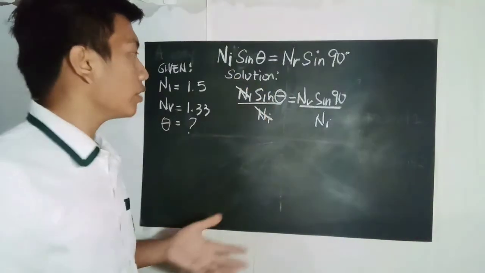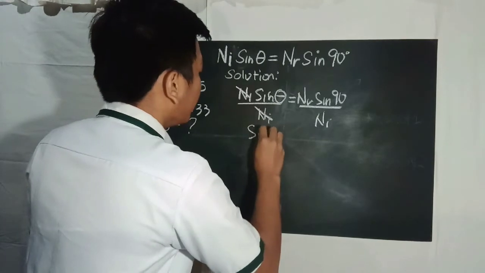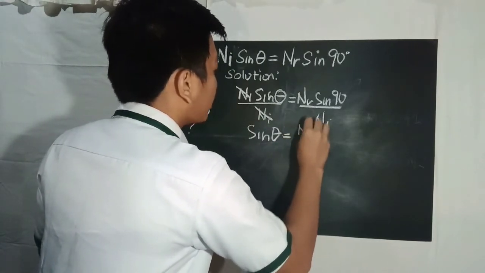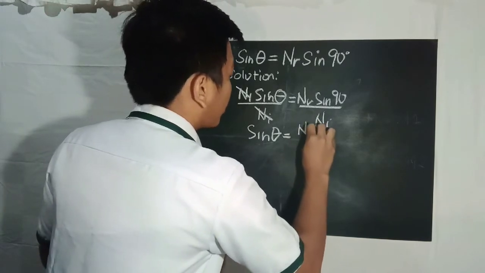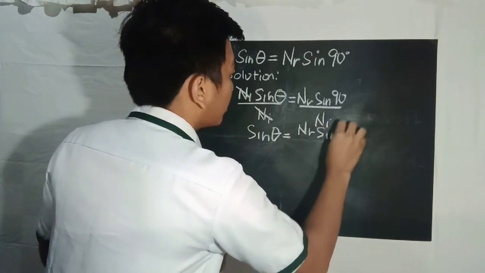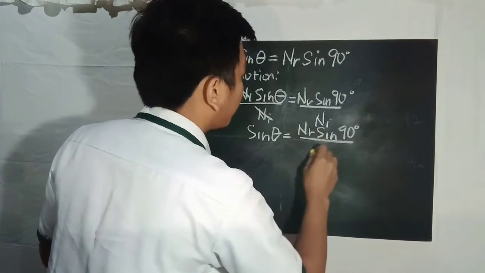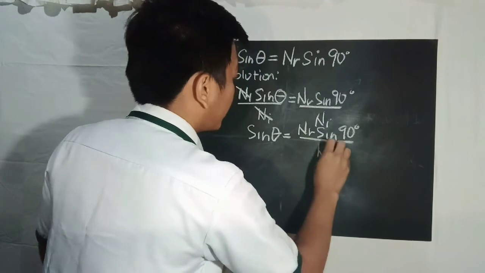So the formula will now be sine theta is equal to index of refraction times sine 90 degrees over index of incidence.